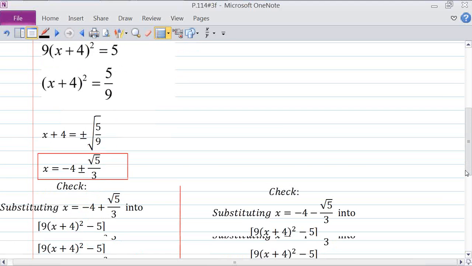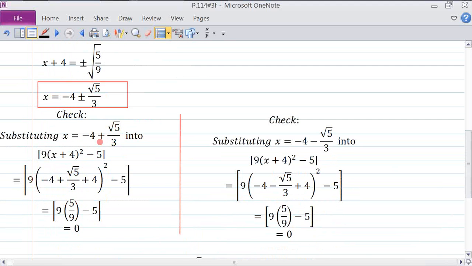Now we'll check this answer, and we'll put it into 9(x plus 4) squared minus 5, which should equal 0. We replace the x with minus 4 plus root 5 over 3.